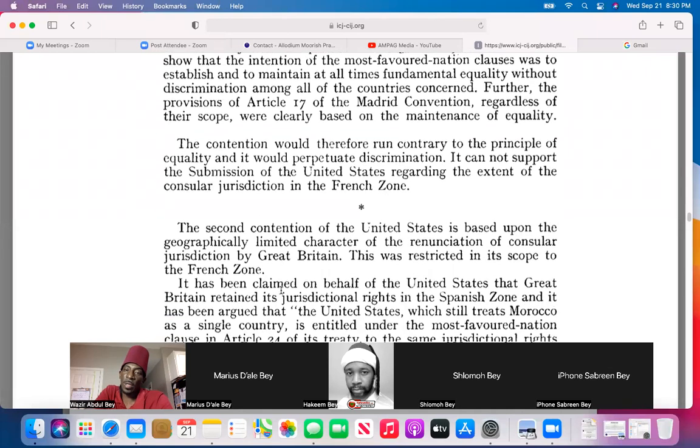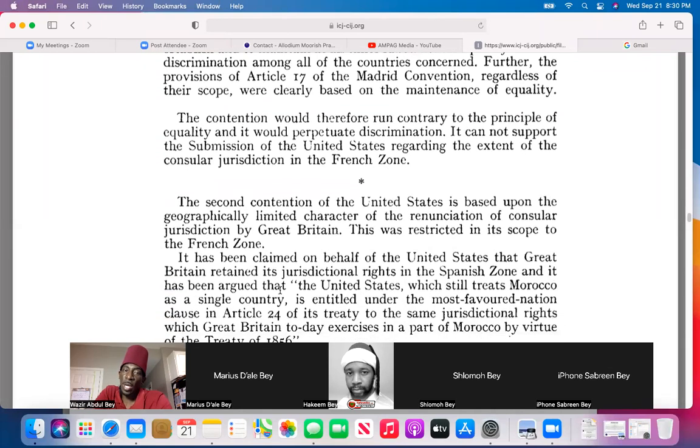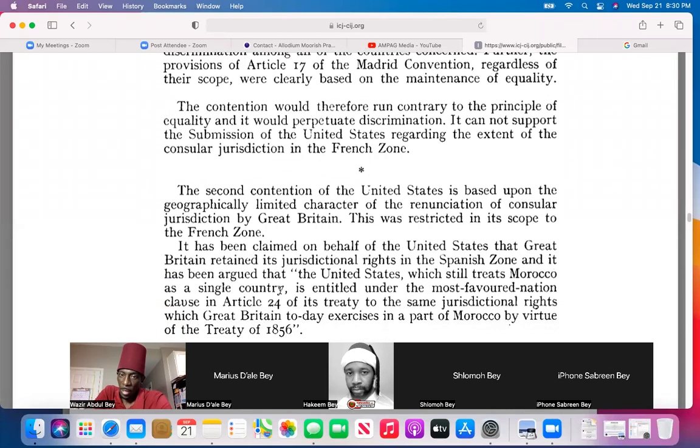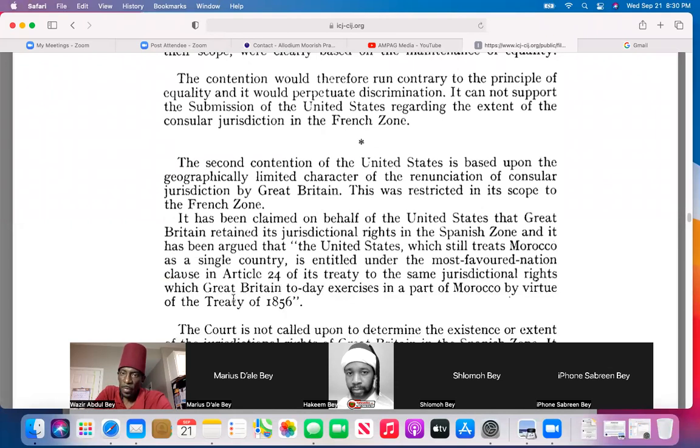The second contention of the United States is based upon the geographically limited character of the renunciation of consular jurisdiction by Great Britain. This was restricted in its scope to the French zone.